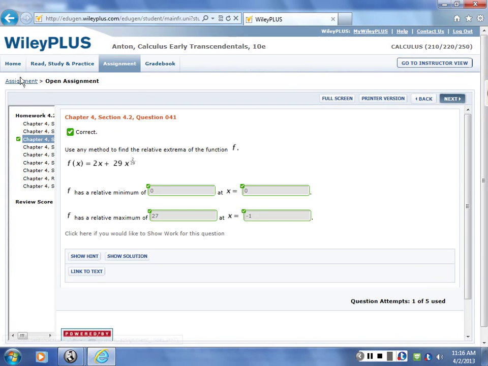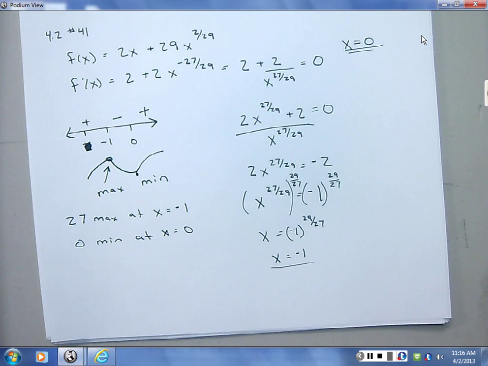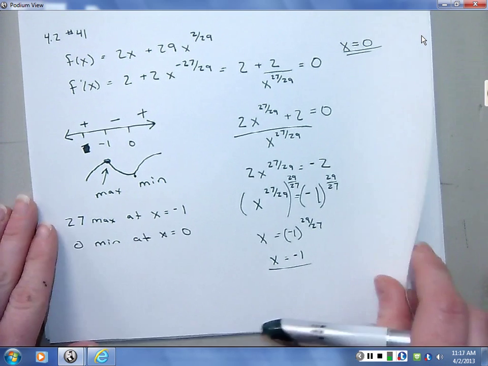All right, so today we're going to talk about maximum and minimum problems in application. So this is going to be 4.5. It's applied maximum and minimum problems.